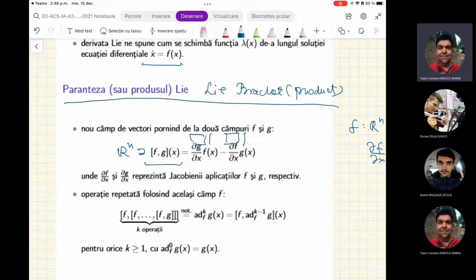And if you do it k times, you use this notation, ad_f^k g(x), and this is the Lie bracket between f and ad_f^(k-1) g(x) for all k larger than or equal to 1, and for 0 we have that ad_f^0 g is g(x) itself.